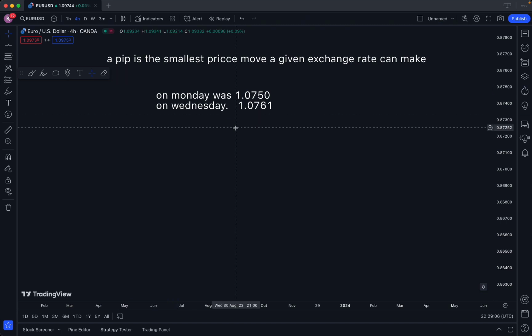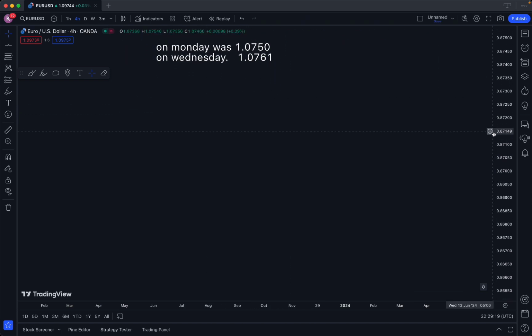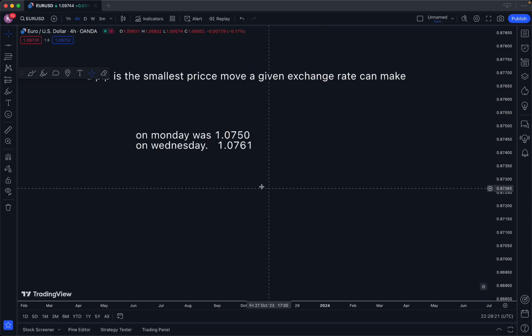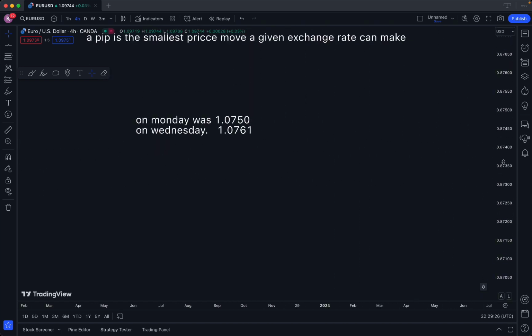You could see there isn't a big difference, but it is a slight change of movement, and that small change in the exchange rate is called a pip. When you look at the two different exchange rates, the difference is very slight and very slim. So that small change in exchange rate is called a pip.